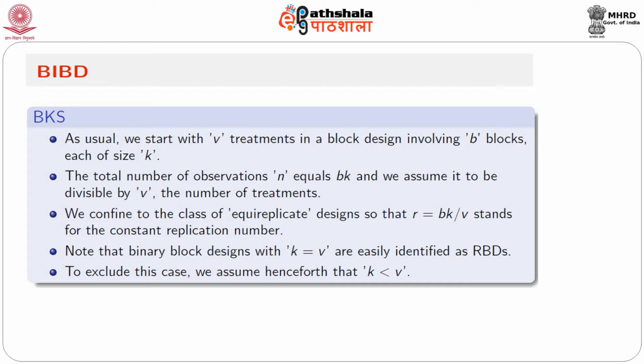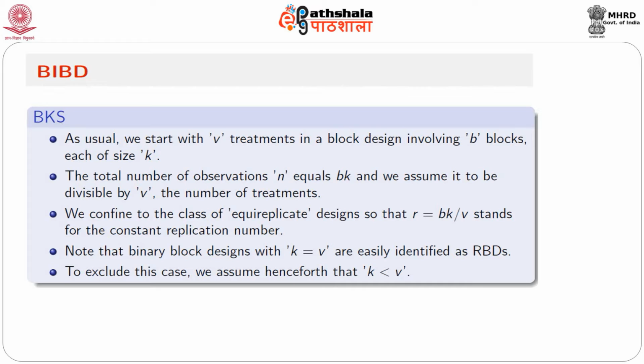As usual, therefore, we start with V treatments in a block design involving B blocks, each of size k. As I said, the total number of observations, small n, is equal to Bk, and we assume it to be divisible by V. Therefore, we write R for the constant replication number. Note that a binary block design with k equal to V is identified as an RBD.